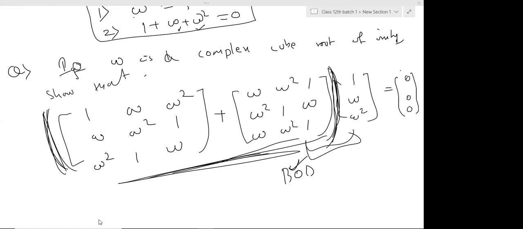Sir, I got the answer. All right, you are getting 0. No, not that. I did the multiplication and addition. All right, you can check. You can use this formula, and you will get 0.